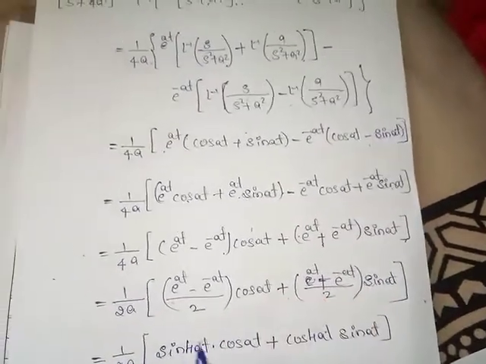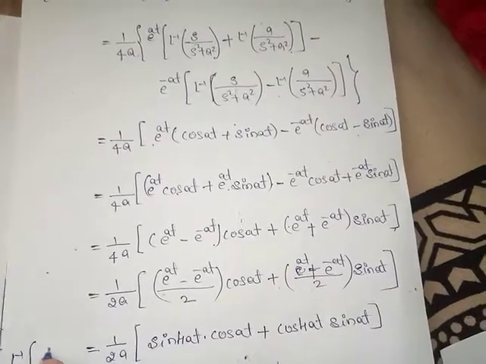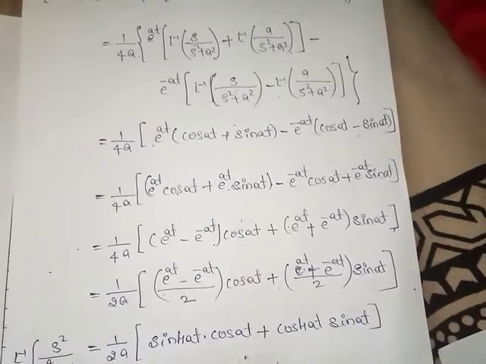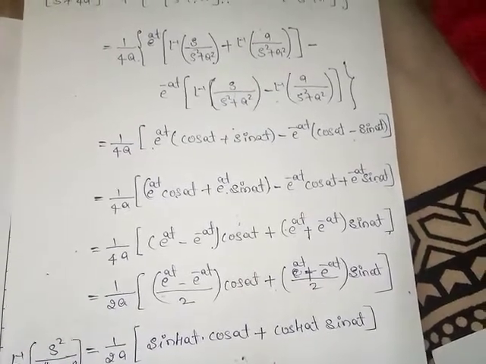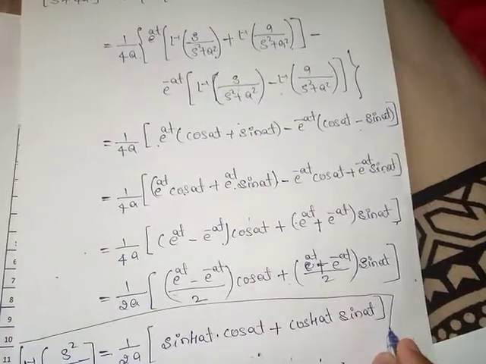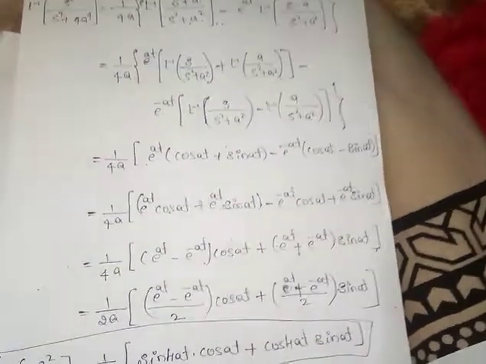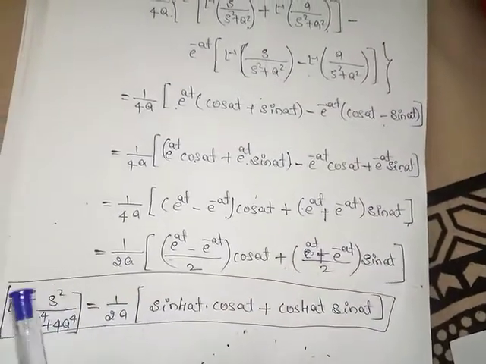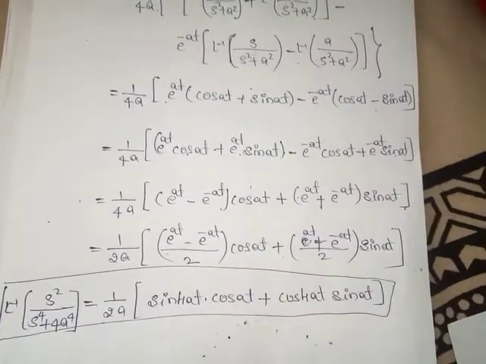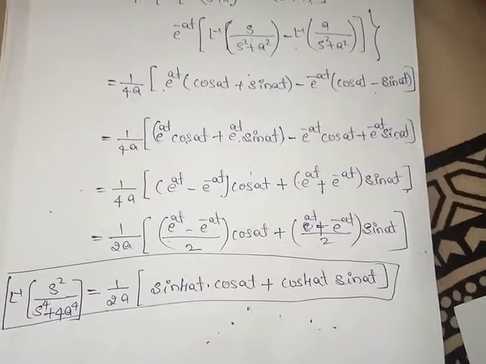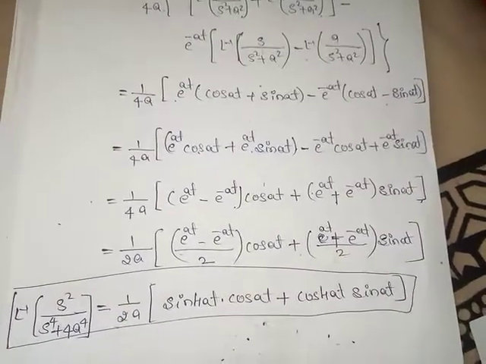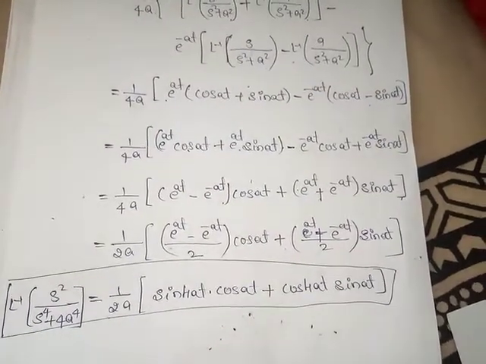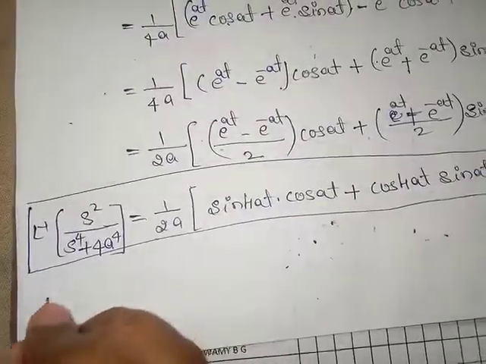This is the required L inverse for the function s square divided by s raised to 4 plus 4a raised to 4. This example is somewhat lengthy, but you have to understand it stepwise and try this example.